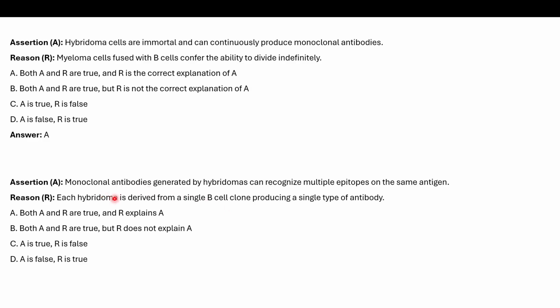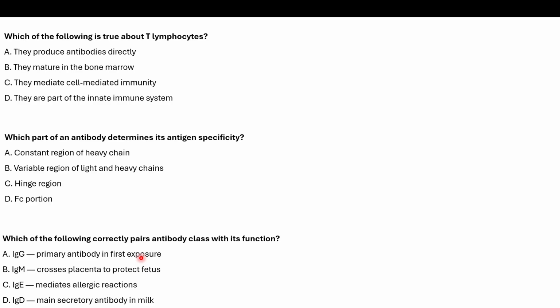Okay. So this is fine, but each hybridoma is derived from a single B cell clone producing a single type of antibody. So R is true, each hybridoma. And here, monoclonal antibodies generated by hybridomas can recognize multiple epitopes on the same antigen, which is false, right? And so the correct option is A is false, R is true.